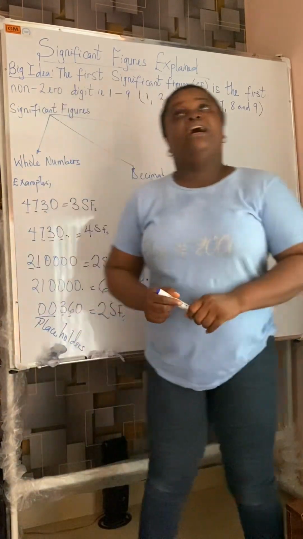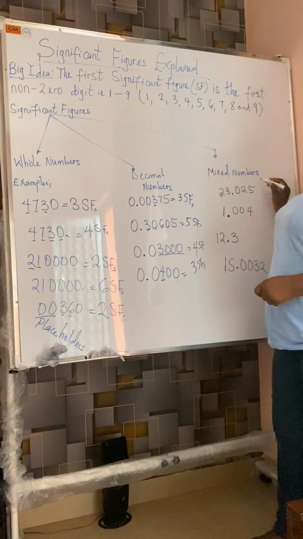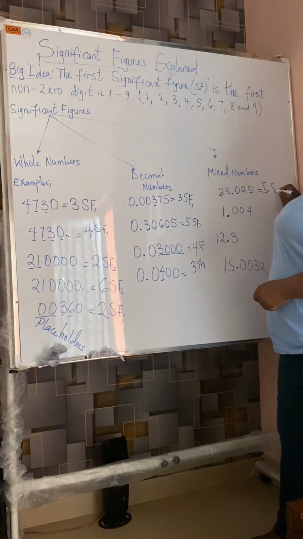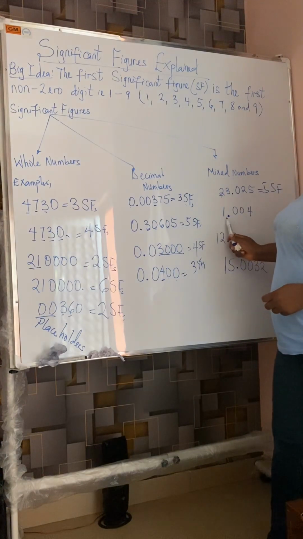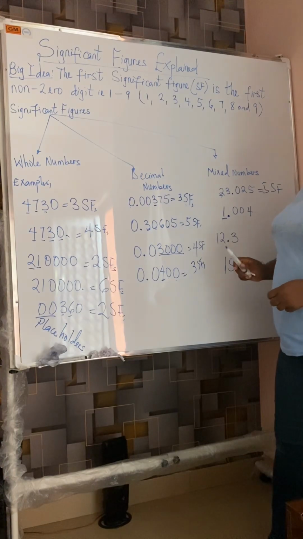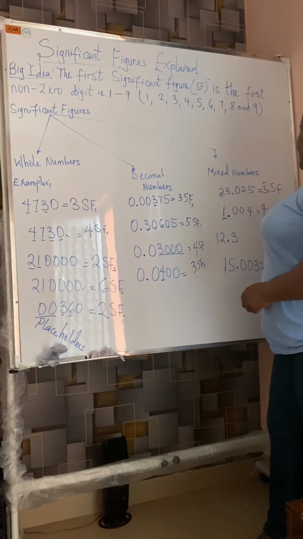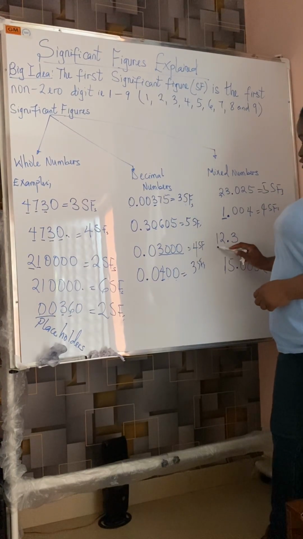So here we have 5 significant figures. The same rule applies to this, where we have 1, the first non-zero. 1, 2, 3, 4. So that there are 4 significant figures here. And here, the first non-zero is this.